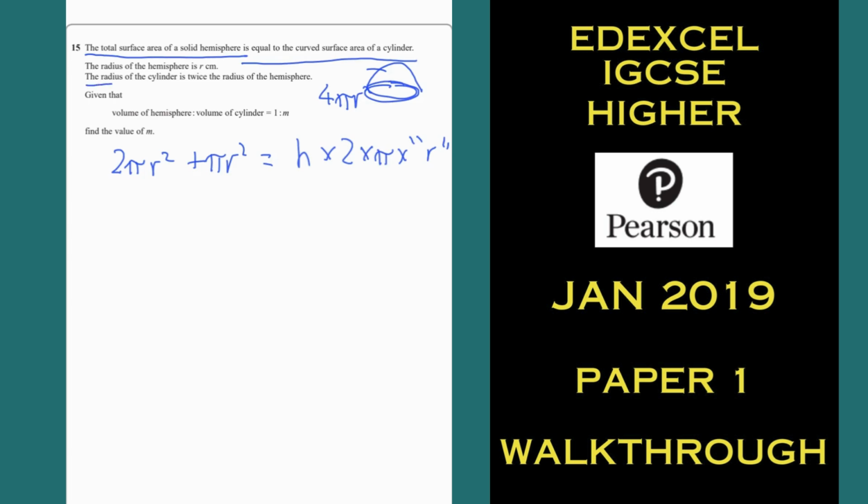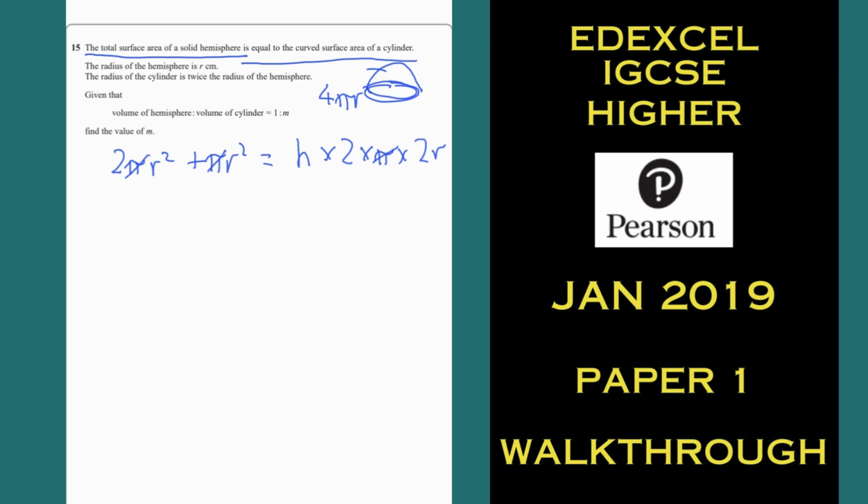But let's just delve into here. The radius of the cylinder is twice the radius of the hemisphere. So we're not going to use r, we're going to use 2r. Now we can start tidying things up a little bit, because we can say they've all got a pi in there.